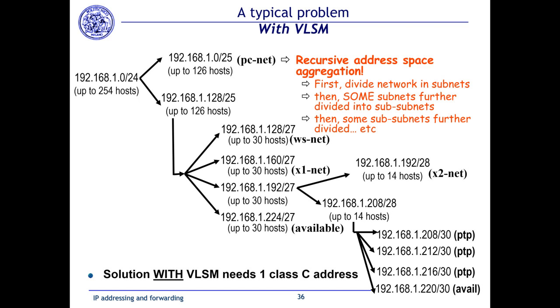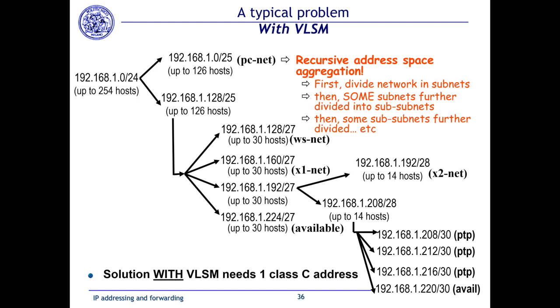This block of 16 is enough to create the three blocks for the point-to-point connections. Each of them requires only 4 addresses. So you start with a block of 16. You can create 4 blocks of 4 addresses each.